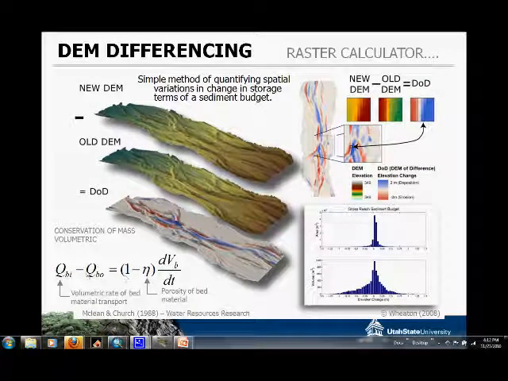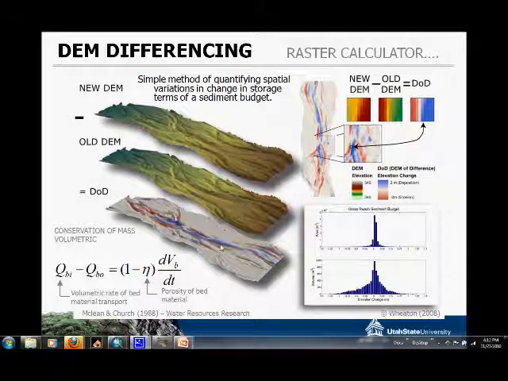Just to back up for a second here, we've got these DEMs of difference that we can calculate with this simple raster operation where we're just subtracting the two surfaces from each other. And this is helpful in terms of sediment budgeting.